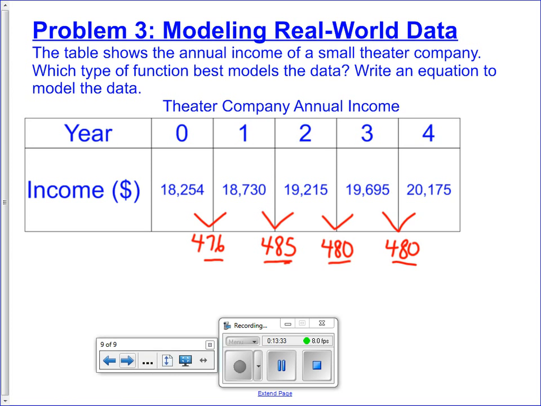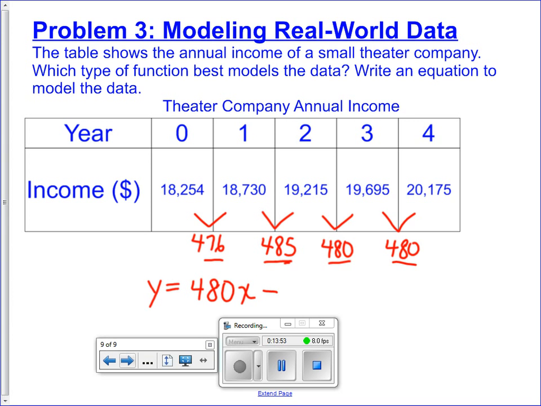Our income, which will be the y, is going to be equal to the common rate of change, about 480, times x, plus the starting amount.